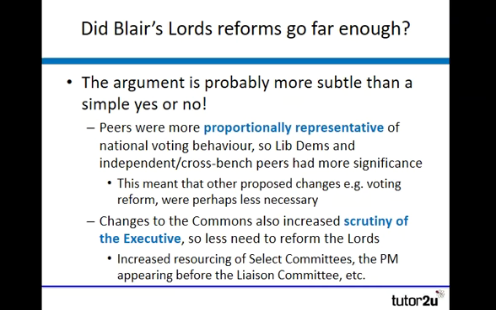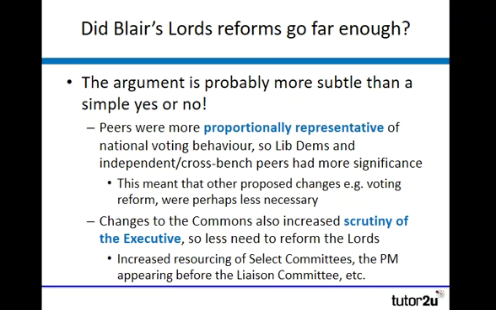However, maybe that is counteracted by the greater proportional representation within the House of Lords. Lib Dems, independent and crossbench peers now have much more significance. So arguably, the fact that the Lords reforms didn't fully materialise may have actually had a positive impact in terms of bringing balance elsewhere and helping to quash down some of the need for further electoral reform of the Commons.